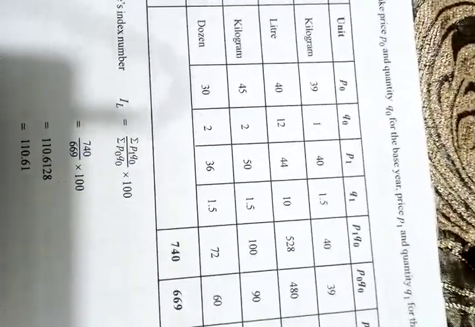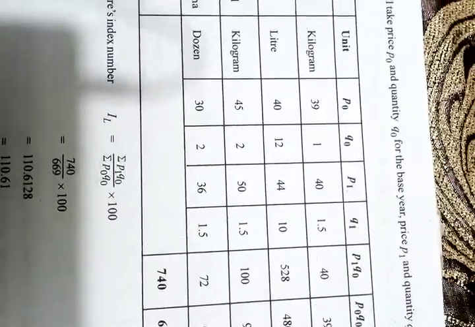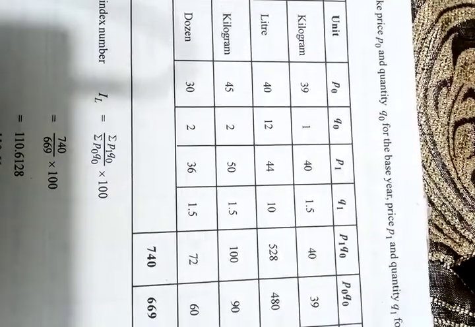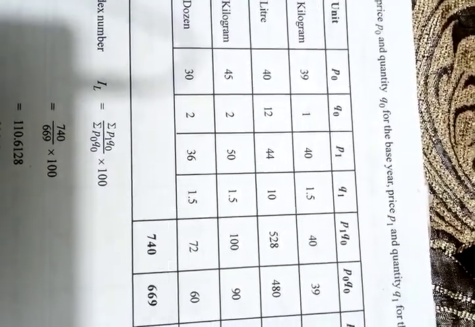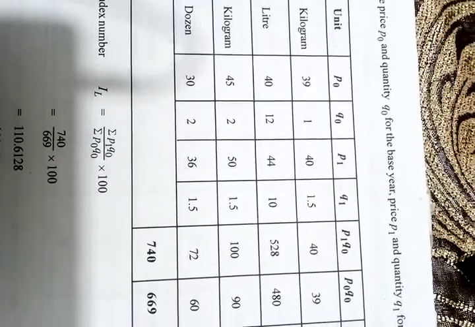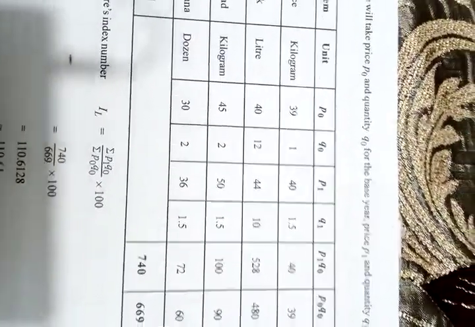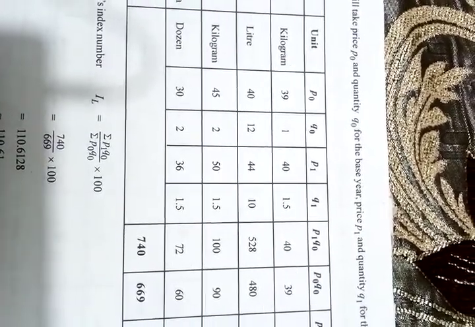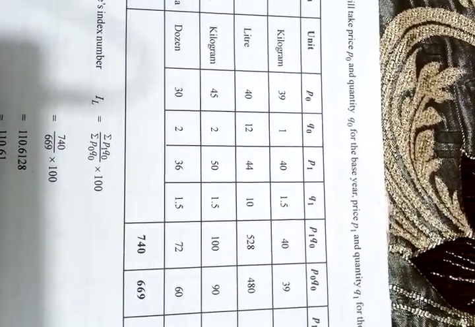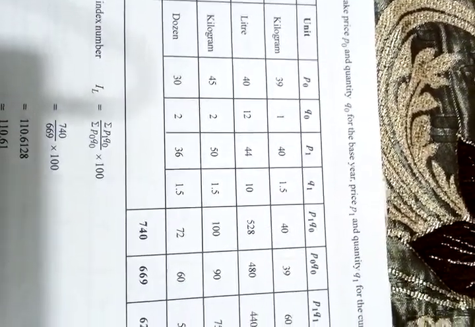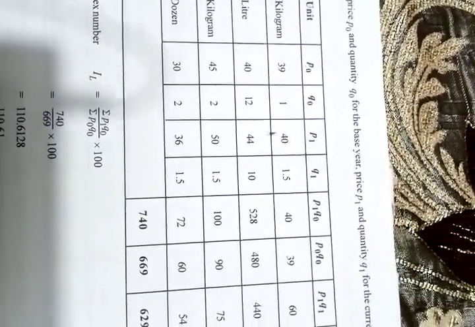That is the base year price and quantity. P1 and Q1 are the current year price and quantity. Okay, so that is given already in the question, and we take it here. But now what we have to do is we multiply P1 and Q0, for the application of the first method, that is the Laspeyres method.